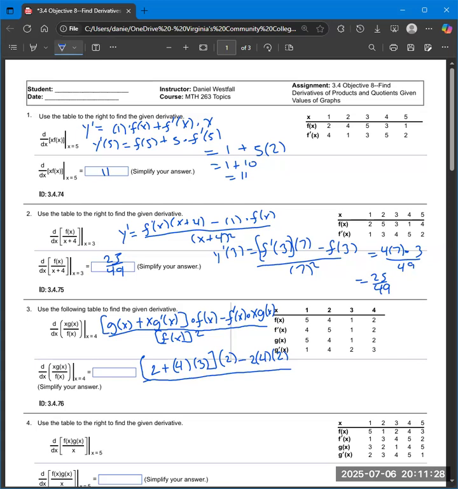I'm sorry, f of 4 is 2 squared. So that is 12 and 2 is 14 times 2 is 28 minus 8 and 2 is 16 over 4. 7 minus 4 is 3.